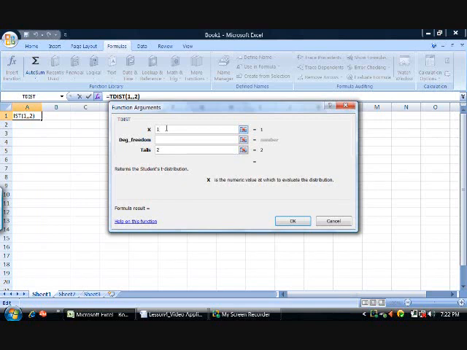And I put in the positive value. Only put in the positive value, do not put in the negative value. So put in the positive 1. Degrees of freedom, you're given in the example that it's 65 degrees of freedom. Check everything here. I want a t with positive 1, two tails, and 65 degrees of freedom. Hit OK.